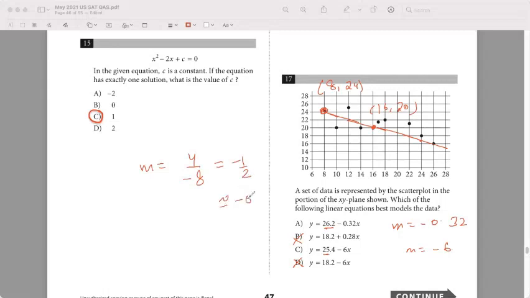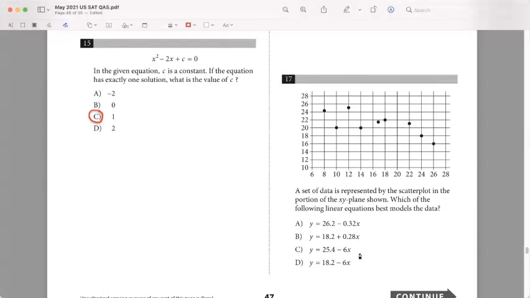So in my calculation, the slope comes to negative 0.5. So obviously, it's closer to negative 0.32 than negative 6. And so the best answer is option A.